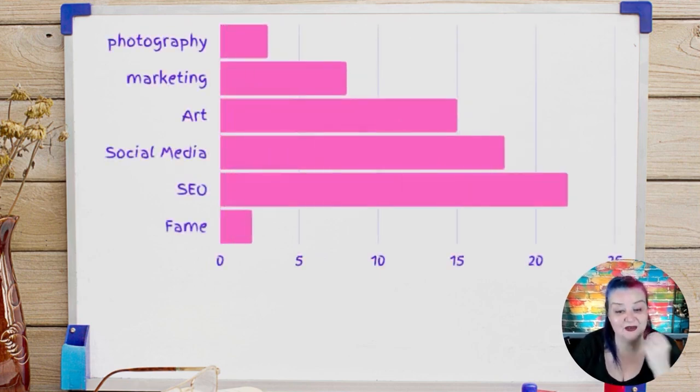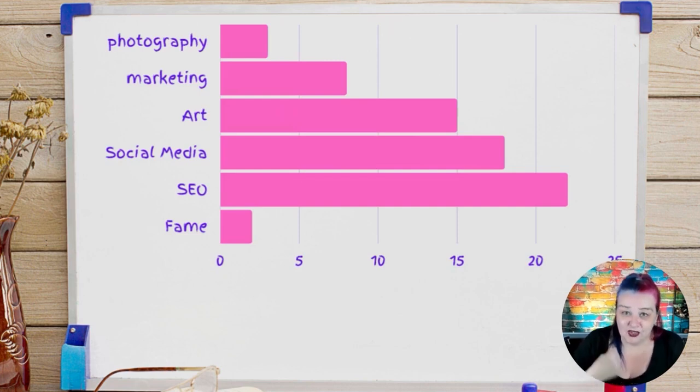Or the one that beats them all, the fame level. So, what you have to do is look at all of these and think, where am I the best? What skills do I have? That gives you an idea of what you're good at, what you're least good at. Fame's always going to be a difficult one. If you've got it, then likely you're not here watching me anyway. So we'll assume that most people are low on the fame scale.